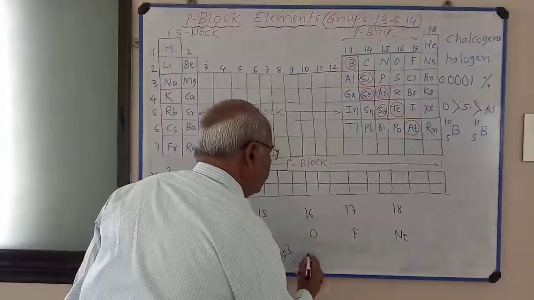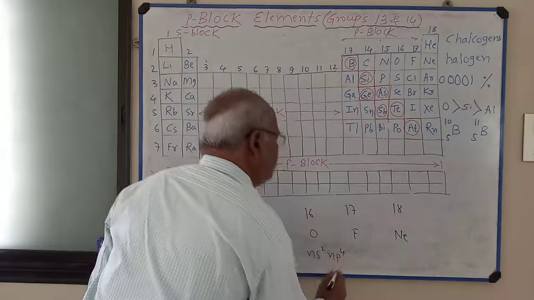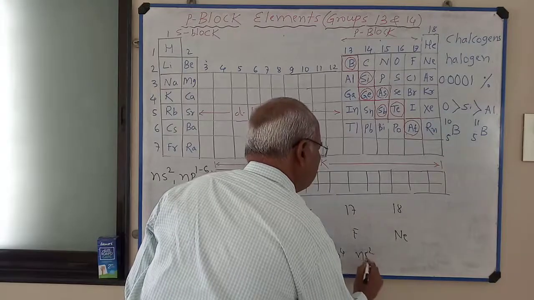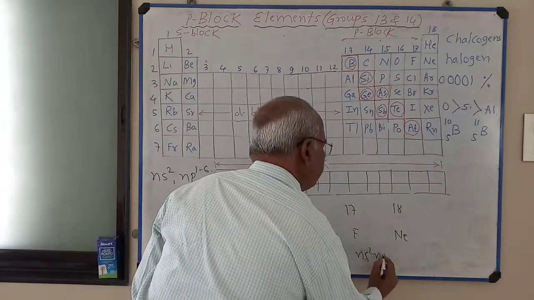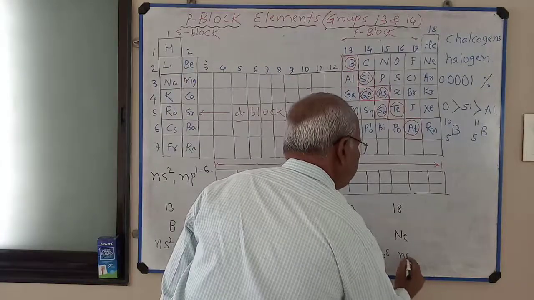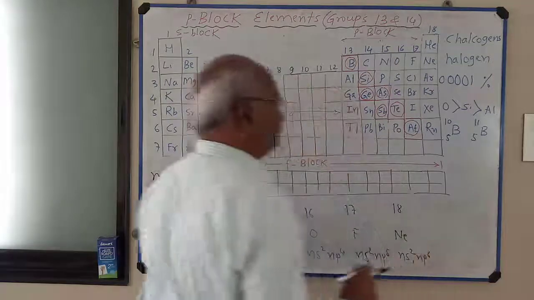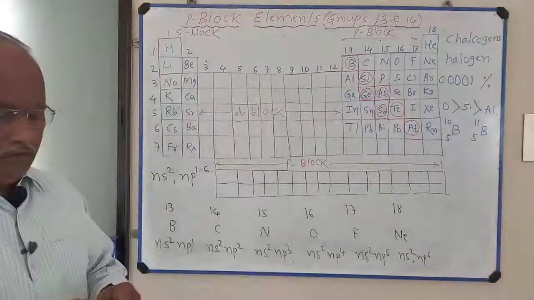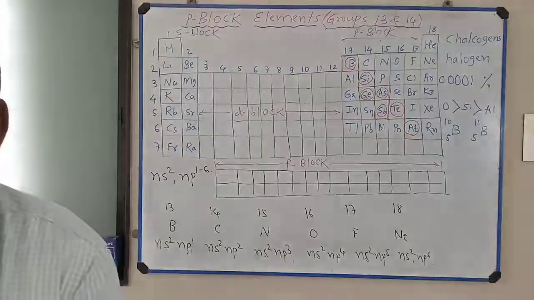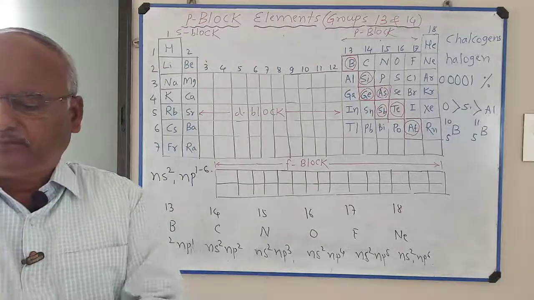Here ns2 np4, halogen ns2 np5, and inert gas ns2 np6. So this is about general electronic configuration of p block elements.